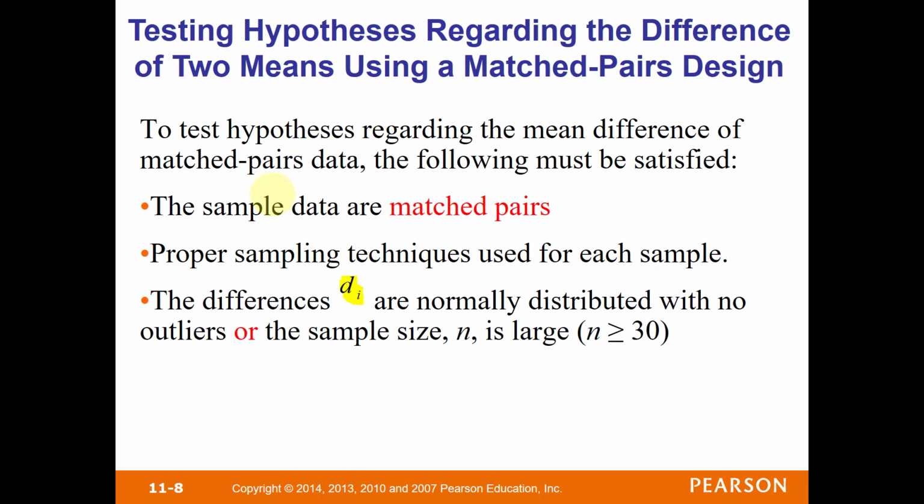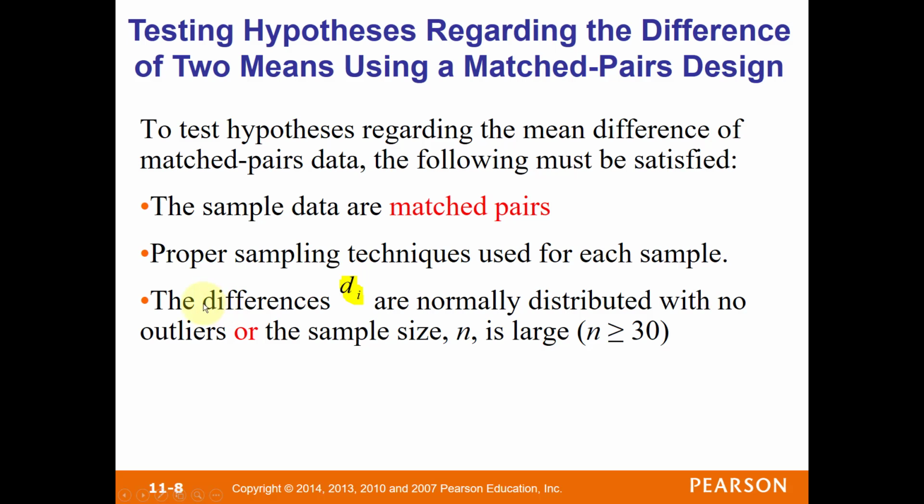You can pause this and read this, but the main thing is that when you're working with these matched pair situations, it works a lot like sections 9.2 and 10.3, meaning you either need a large sample size, greater or equal to 30, or if your sample size is less than 30, you have to make sure that the parent population is normally distributed and that you have no outliers in the sample.